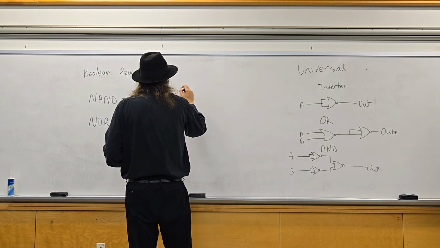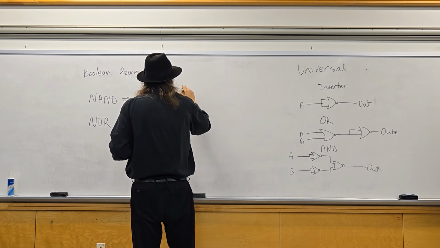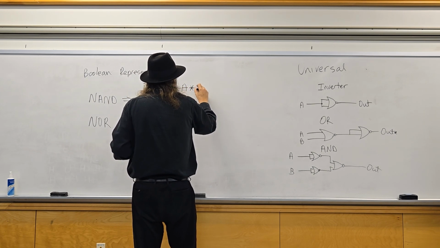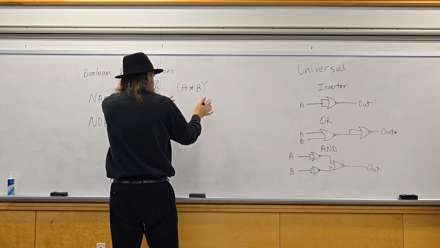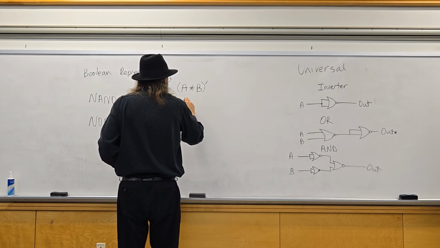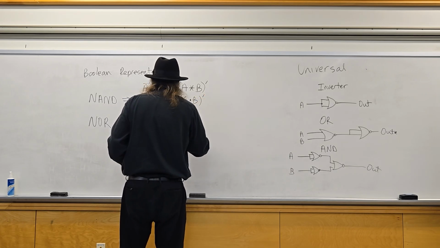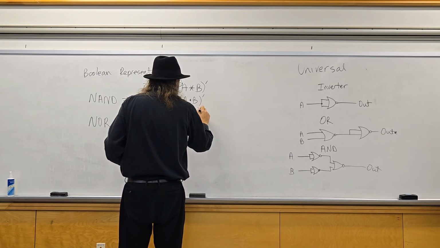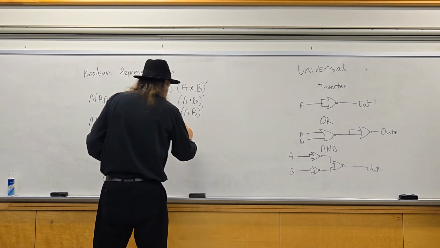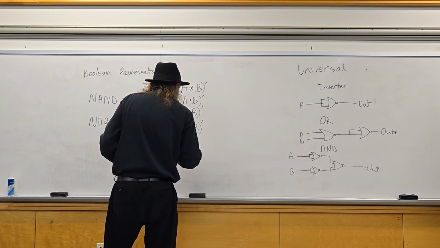If you're on your computer and can't do the bar over the letters, you can do A star B quantity prime, A dot B prime, and AB prime, and then A plus B prime.